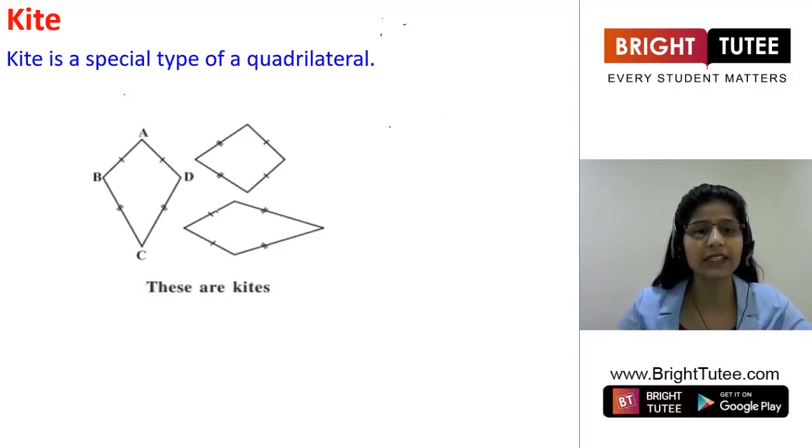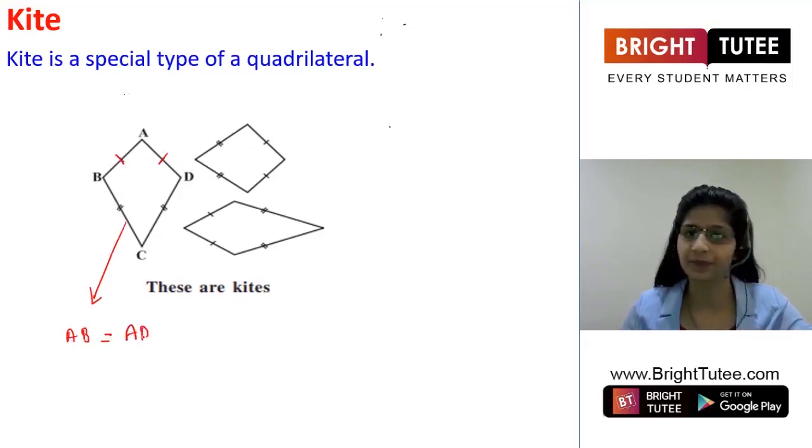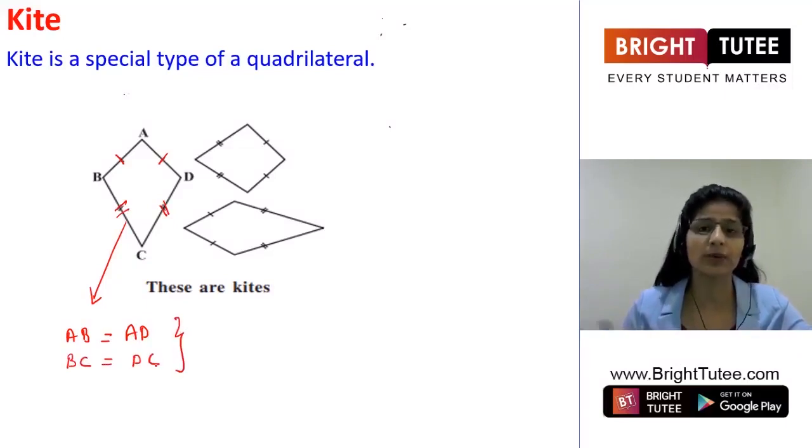So we see that the side AB is equal to side AD. So for the first figure, I'll write AB is equal to AD. Right. The second thing that we notice here is BC is given equal to DC. So we write BC is equal to DC. So what we observe here?